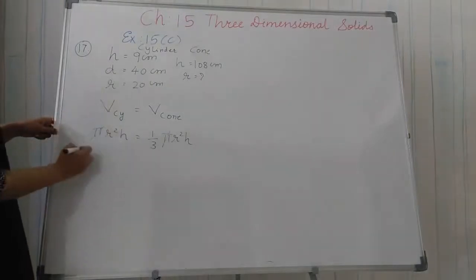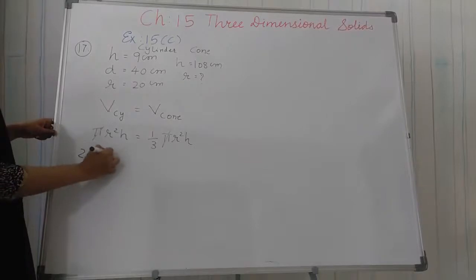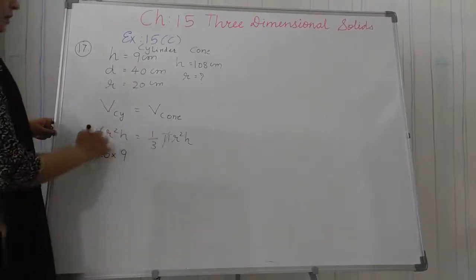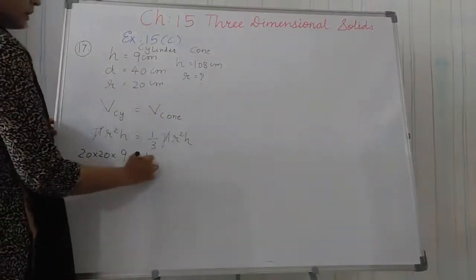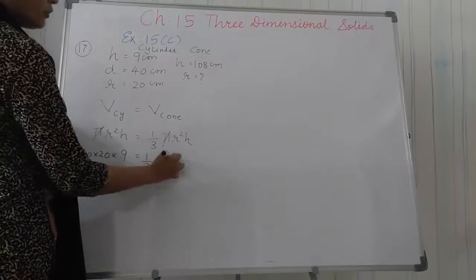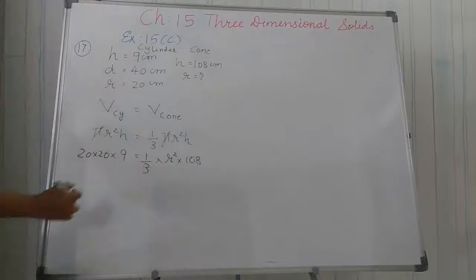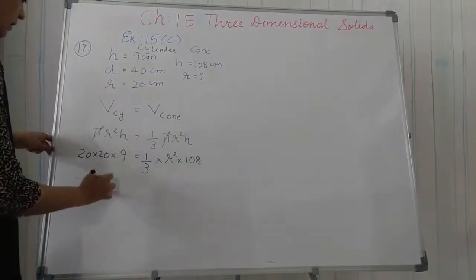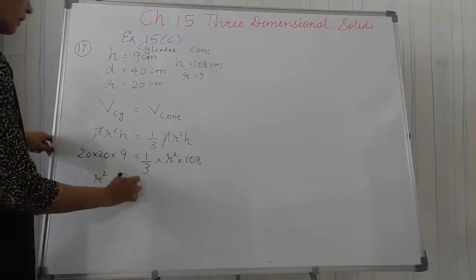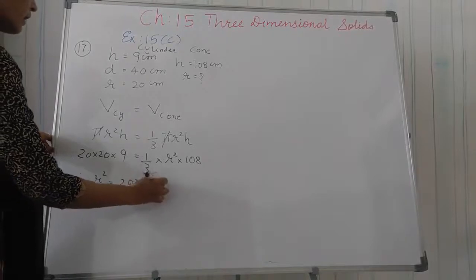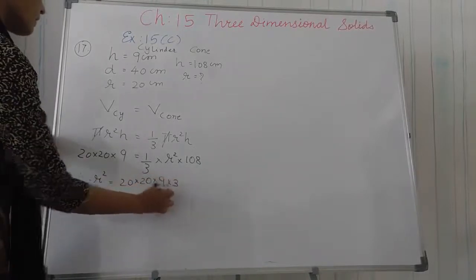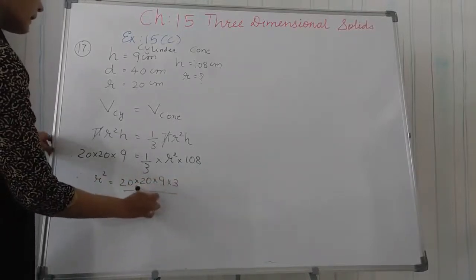So substitute radius 20 into 20 and height is 9 cm. Also here 1 by 3, radius we want to find out and height is 108. So now we have r square is equal to 20 into 20 into 9 into 3 divided by 108.